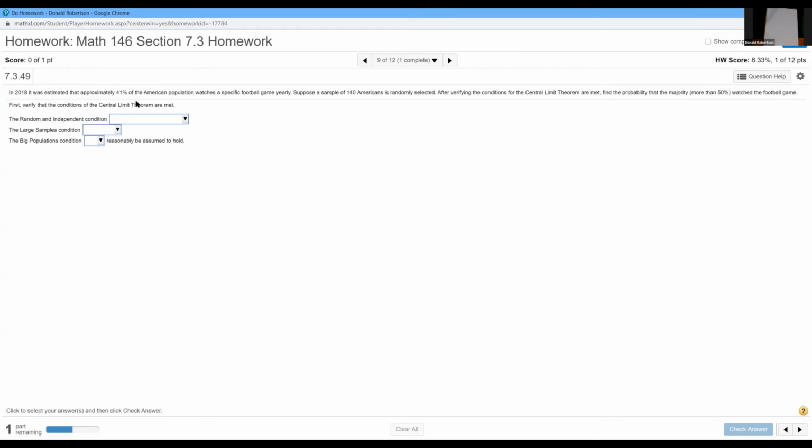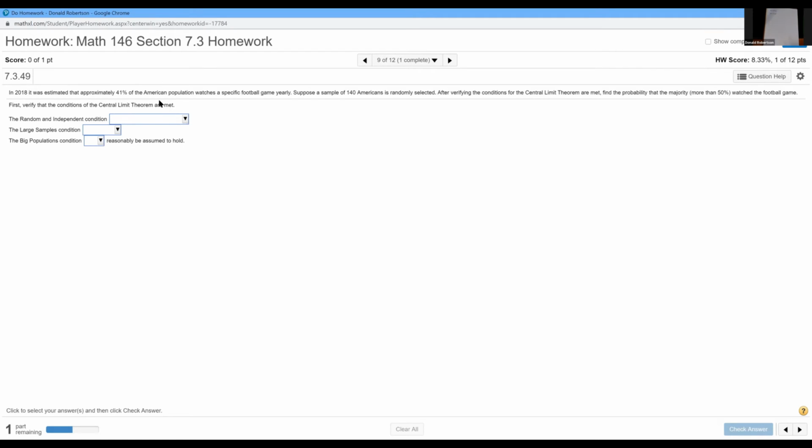In 2018, it was estimated that 41% of the American population watched a specific football game yearly. Okay, so they've just told me that the population proportion is 0.41. Now, they have a sample of 140 Americans, so I'm just writing down n equals 140.